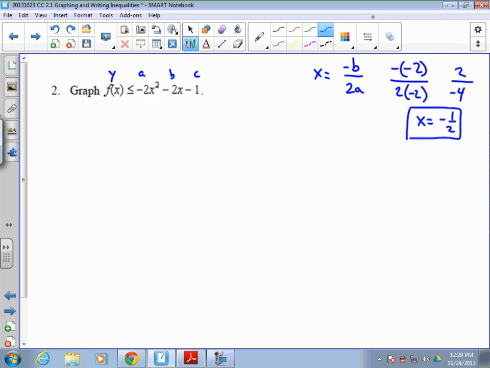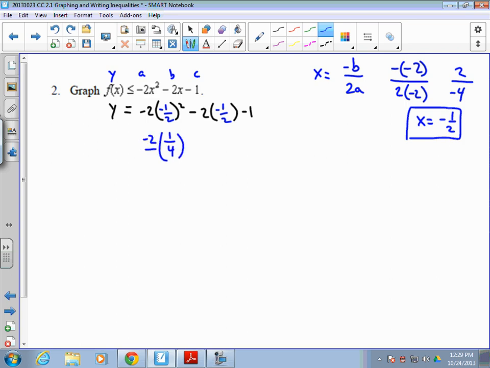So now that you have your x value, use that to find your y value. Just go ahead and plug in. This is y, and we'll use this as equals for right now. Negative 2 times x squared minus 2 times x minus 1, and plug in that value that we just found, negative 1 over 2. Negative 1 over 2 squared is positive 1 over 4. That multiplies by negative 2.